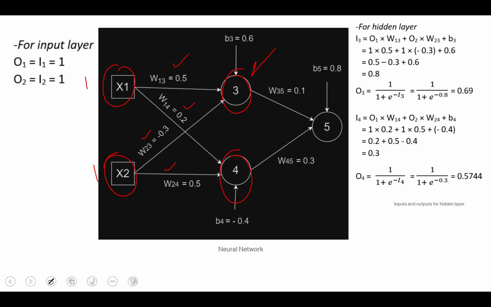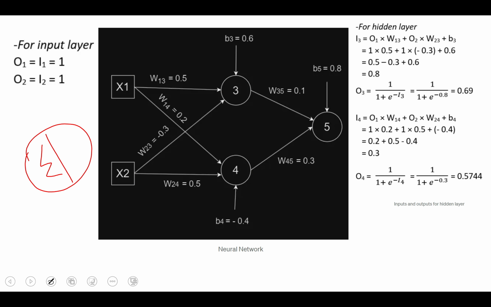Now to evaluate the output on this neuron numbered 3, we need to evaluate first of all the weighted sum, and then we will apply the sigmoid function so that we can have some output on this neuron numbered 3.